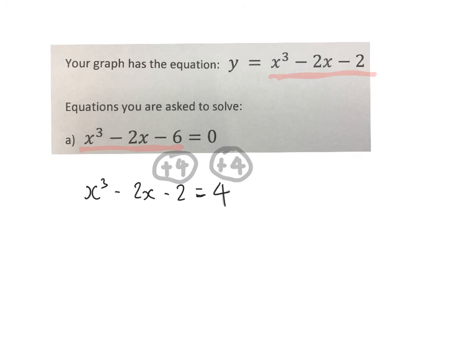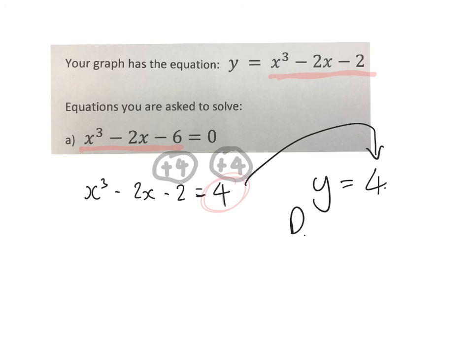Now, as you're going to see from the next few examples, this thing is really important. Whatever it is, it might have x's in, it might just be a number, it might even be 0. Whatever it is, we make y equal it. So that number goes there.